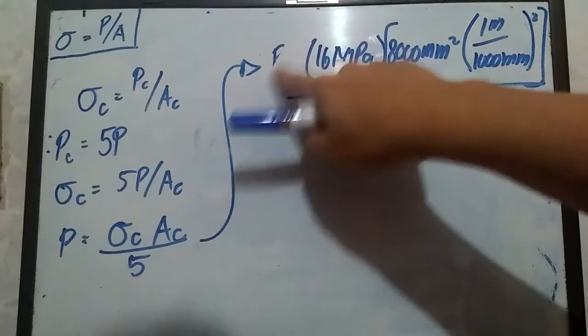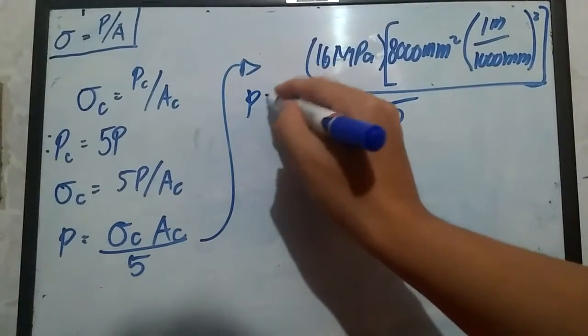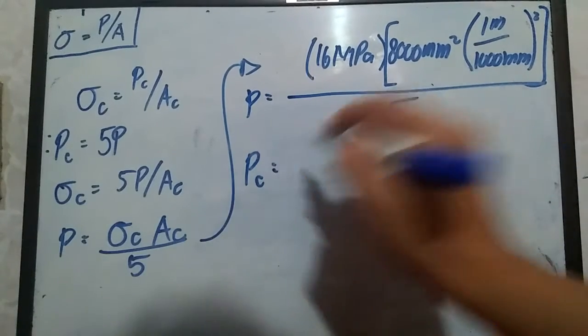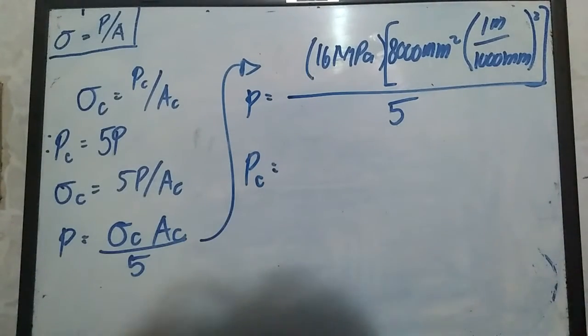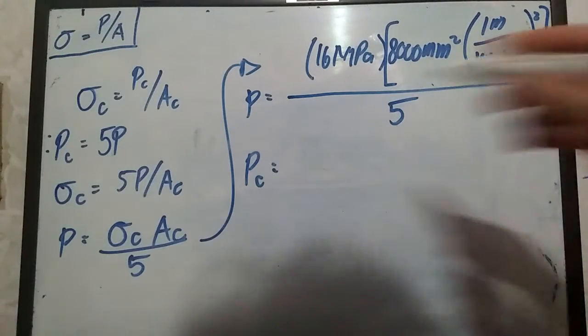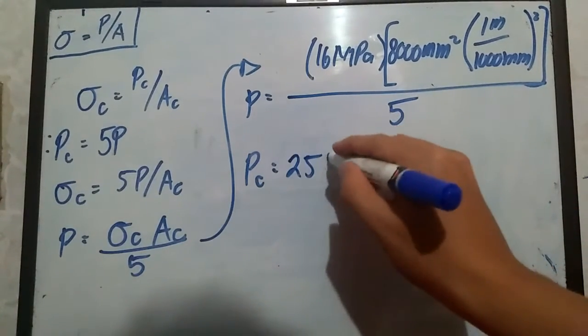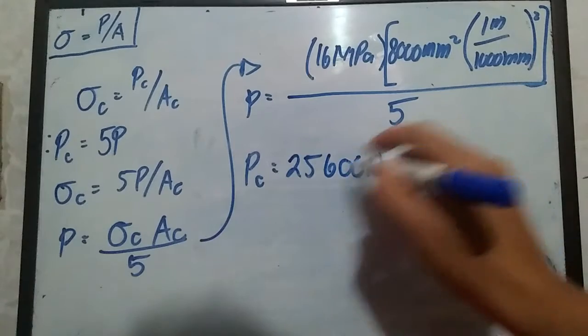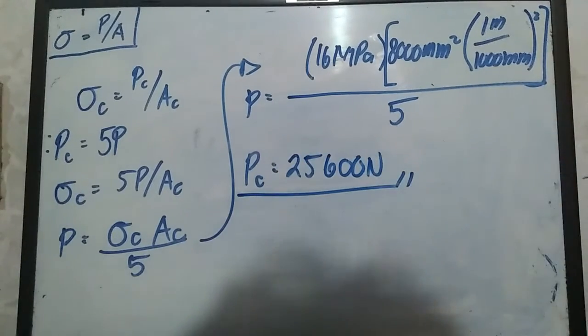Solving for P, for the concrete it is 25,600 newtons.